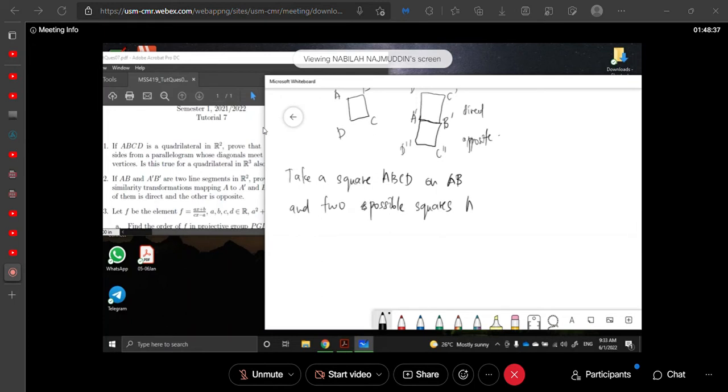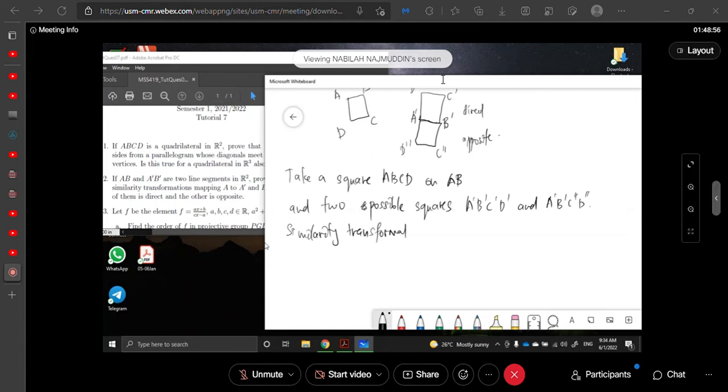A similarity transformation is a transformation that makes a square a square.